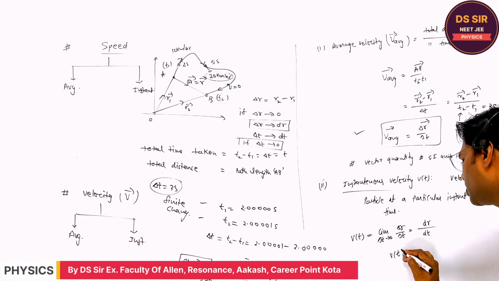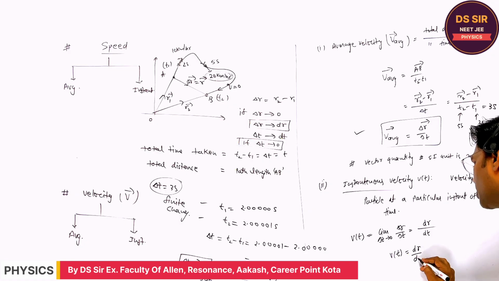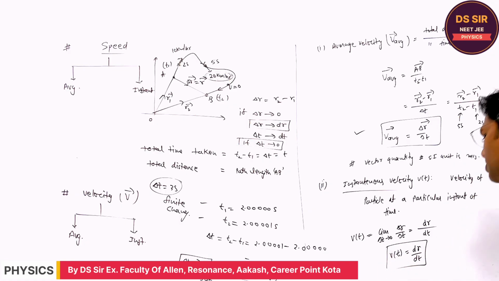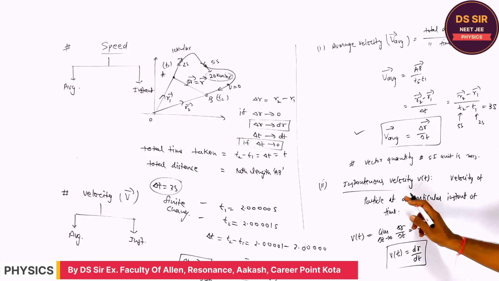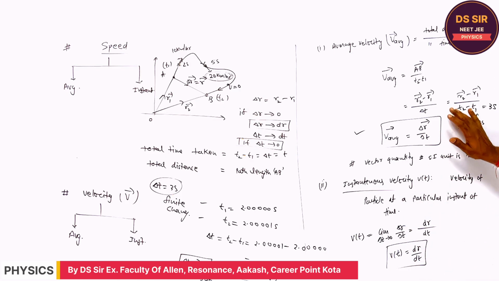The instantaneous speed is nothing but dr upon dt. This is the mathematical definition for the instantaneous velocity or speed. Is it clear or not? Although you may write the definition, when we do the question, then you can better understand, right?